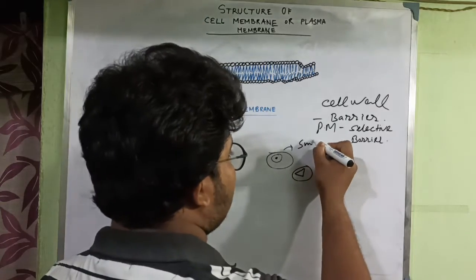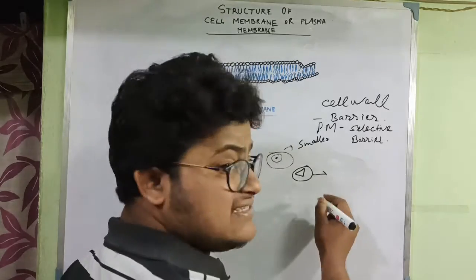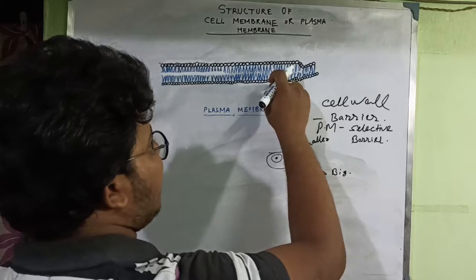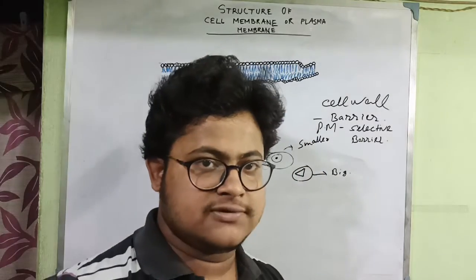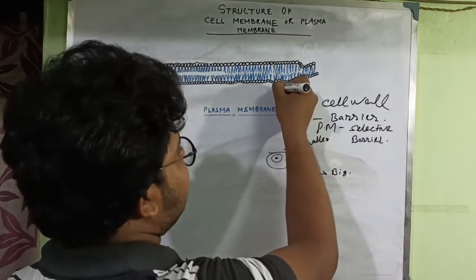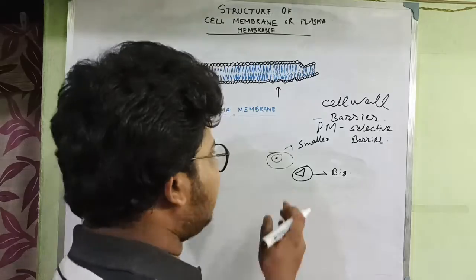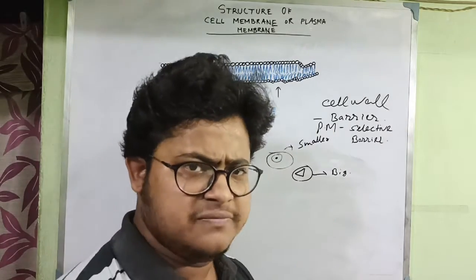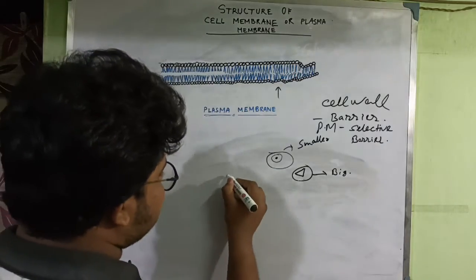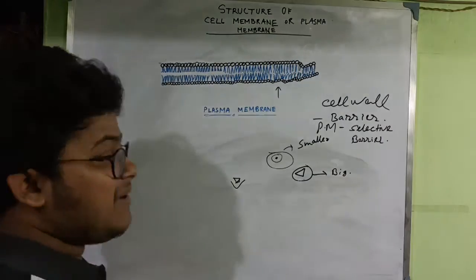This molecule is very tiny, so it can pass through the membrane, but this molecule is big, so the membrane structure becomes folded and this molecule can enter by bulging.